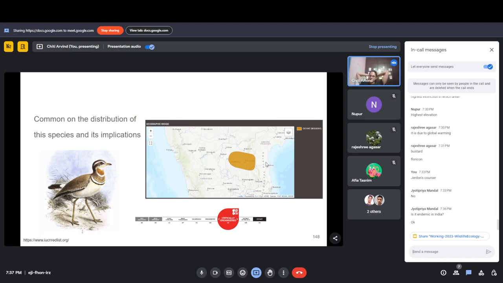So given the description that I just gave you, this is a nocturnal bird. It is cryptic and it is very rare. What could be the possible monitoring techniques to find this bird? Sound, okay. And what else?